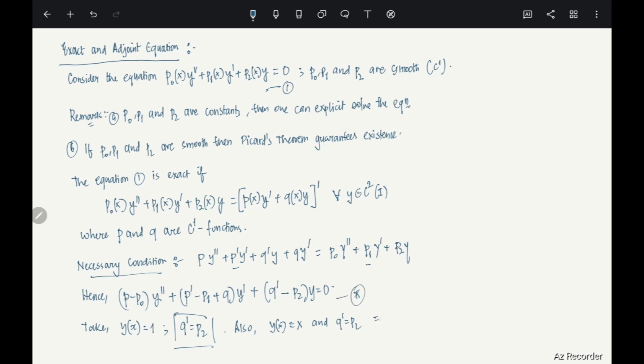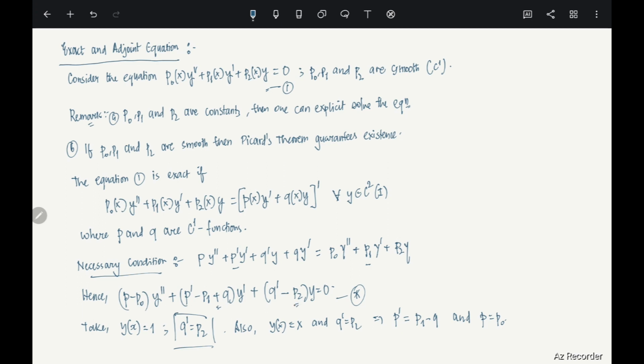So if y is x, y prime is basically 1, and y double prime is basically 0. So this part is gone. So in that case, p prime will be p1 minus q. And similarly, you can also show that p has to be equal to p naught. Choose a nice enough function such that y double prime is equal to 1, this is 0, this is 0. You can of course do that, and then you can show that p equals p naught.